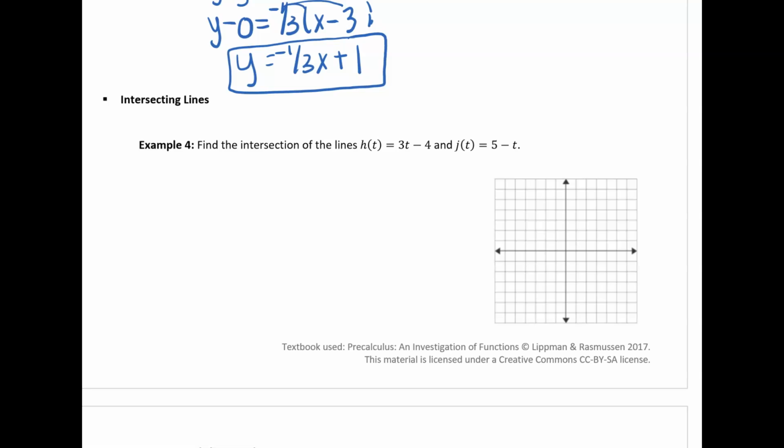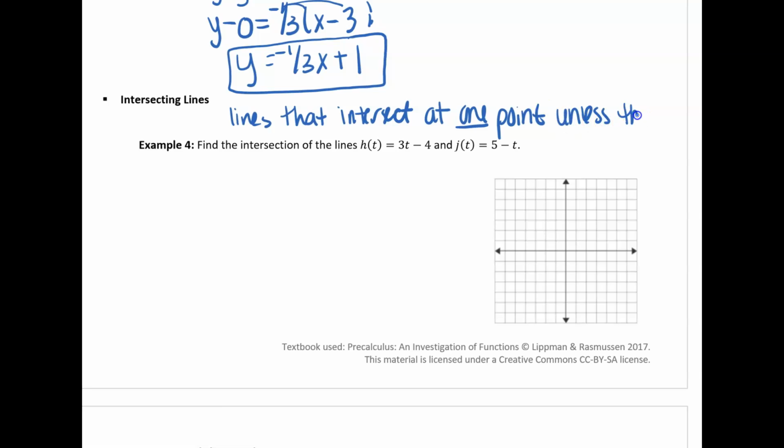When we talk about intersecting lines, we are talking about lines that intersect at one point, unless they are parallel or coinciding, meaning same lines.